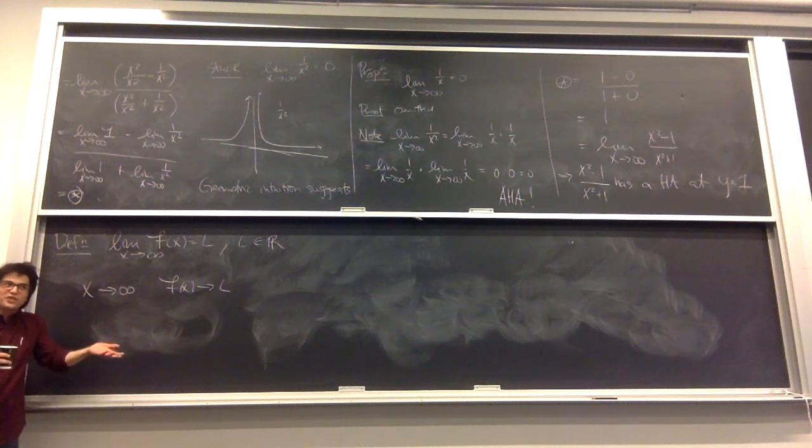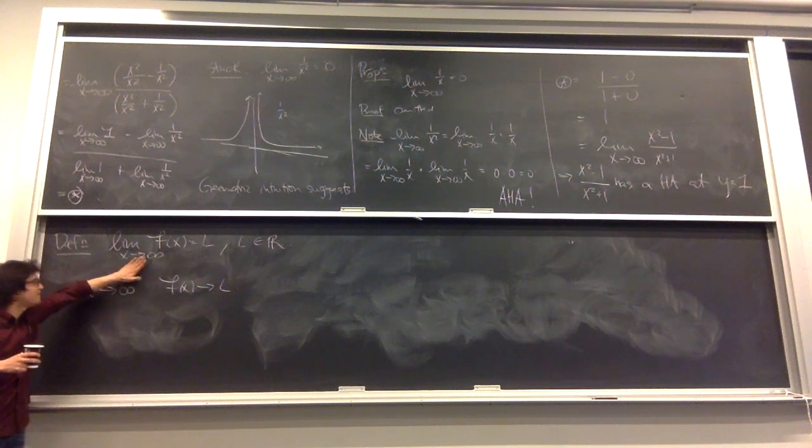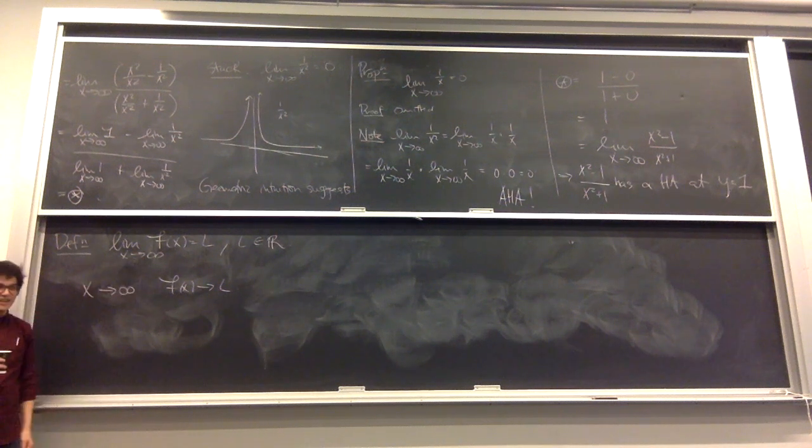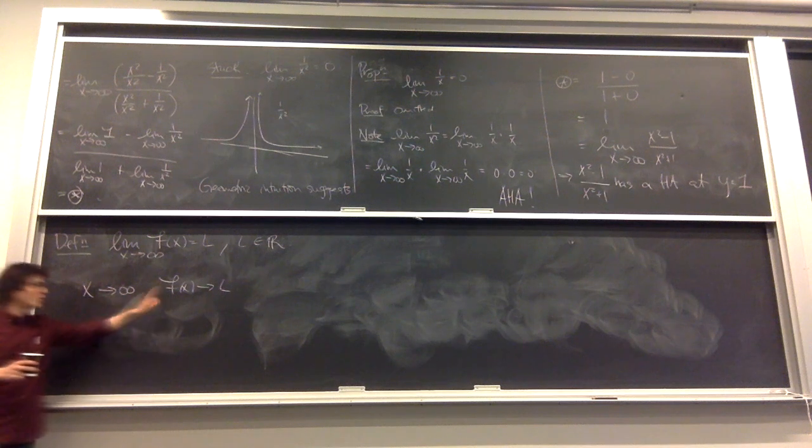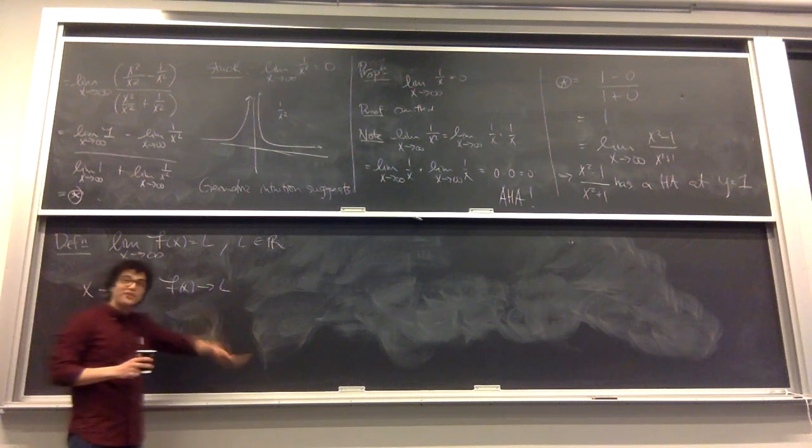Right? Don't try to visualize behavior at infinity. You can't visualize it. Mathematics is a visualization in and of itself. Okay, so you understand this, you understand this. Okay, so what does it mean for f of x to tend towards L?